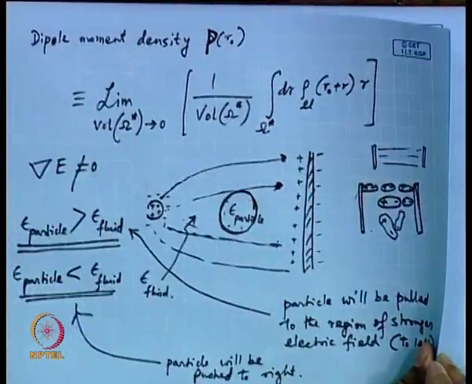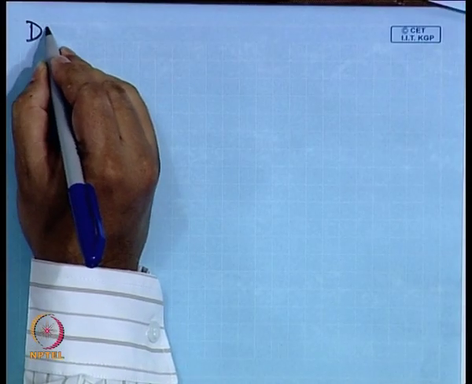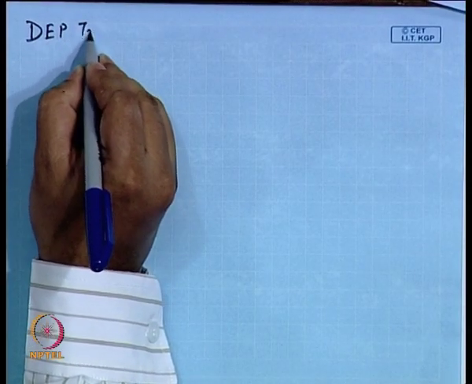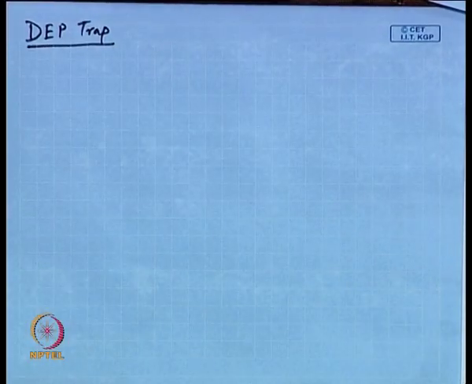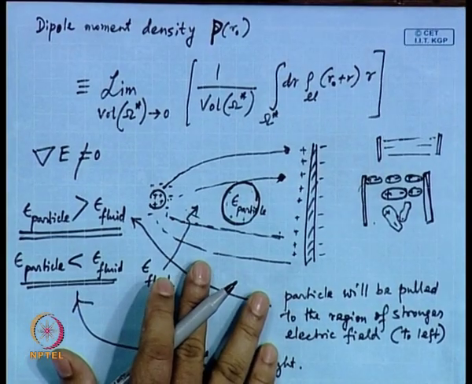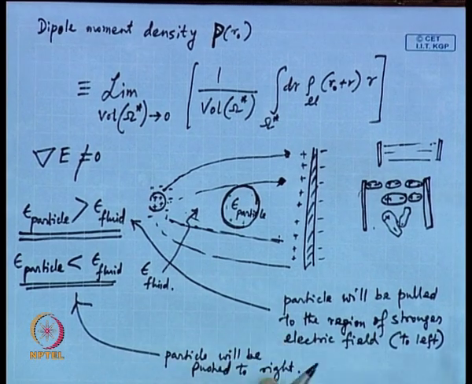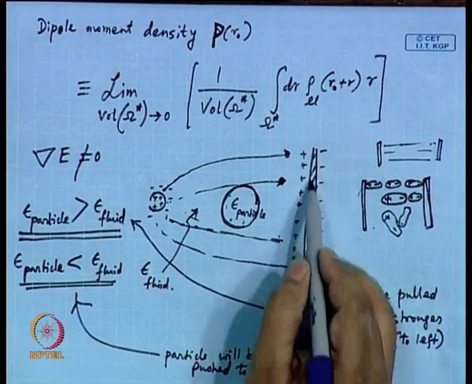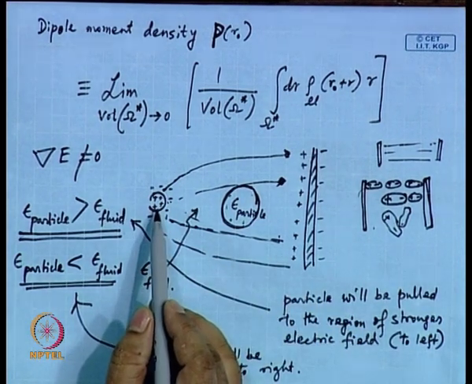Now, the very common way of utilizing this process is something called a DEP trap. DEP trap means you have a situation like this where the fluid is flowing. So, suppose you have a channel, this is one wall of the channel and the opposite wall has this point electrode.